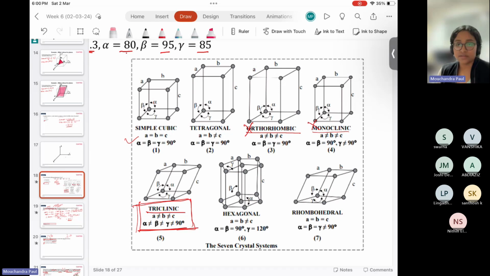Don't tell anyone yet. The assignment is still ongoing. Match the values of a, b, c, and alpha, beta, gamma with the types of unit cells. It is there on your screen, and then you'll be able to get the correct answer, just like we did for the example. Okay. Any other queries?